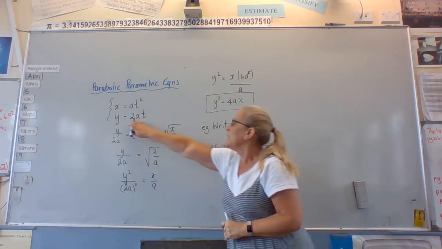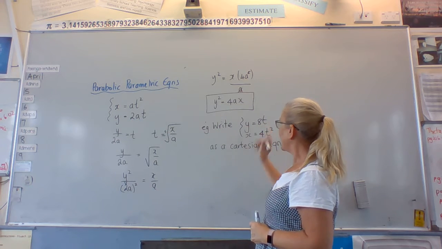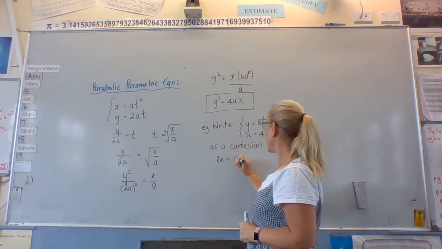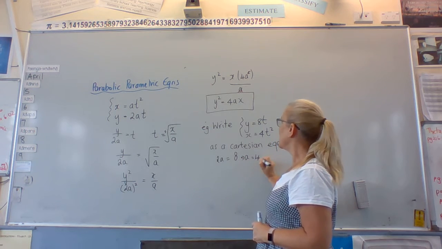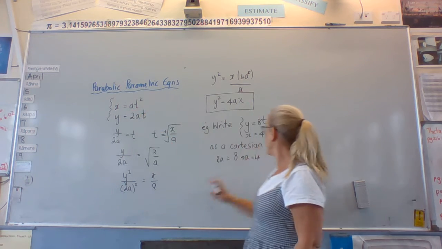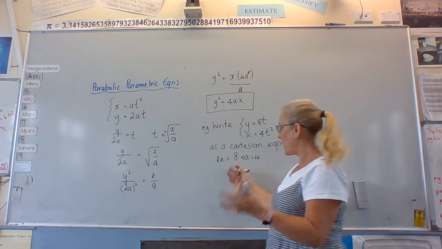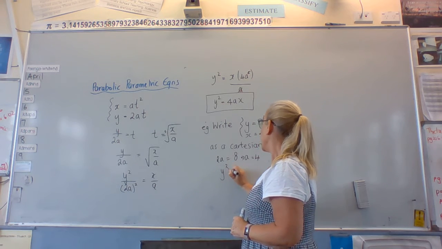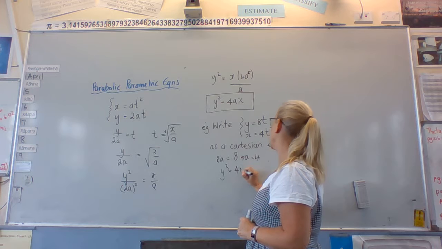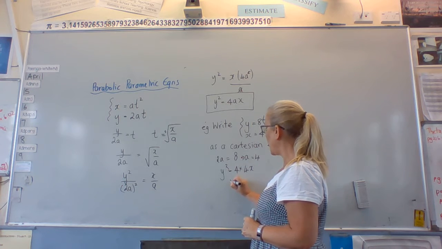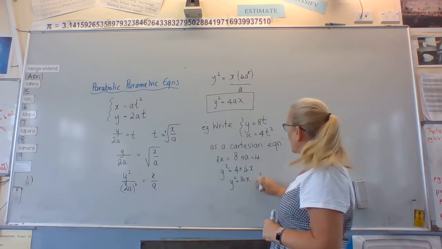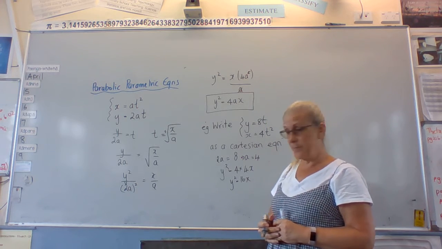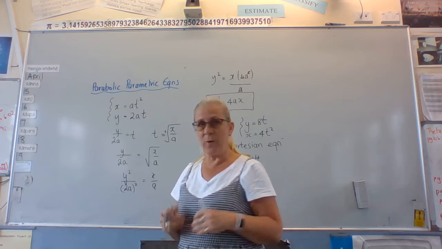So 2a equals 8, so a will be 4. Checking it out, a equals 4 does work for x. So our equation will be y squared equals 4 times 4 x, or y squared equals 16x. Right, so those two things are equivalent, and you can do it the other way around as well.